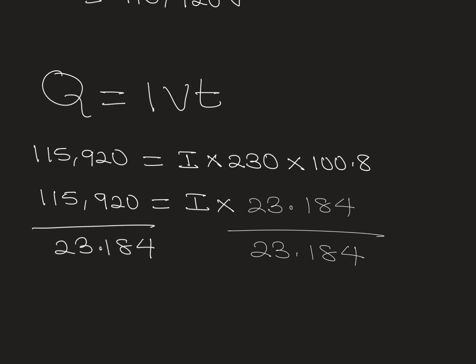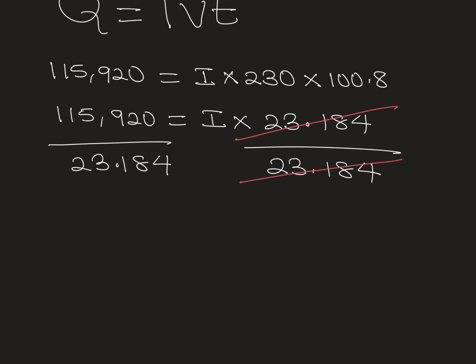So this will cancel this. 115,920 divided by 23.184 is 5. So that is equal to I. Therefore, we can say the current is equal to 5.0 amps.